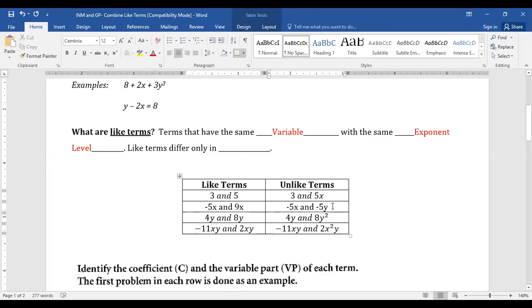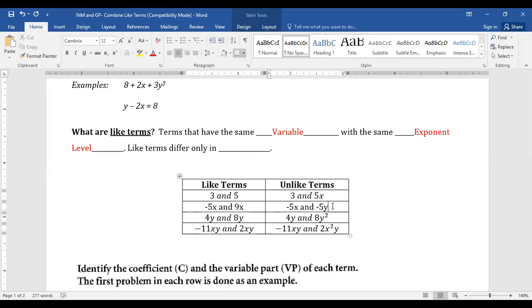But the next example here, negative 5x and negative 5y, those are not like terms. That is the classic apples and oranges example. If you go into a store and you buy apples and oranges, you still have apples and oranges when you come out. You don't combine those unless you're talking about fruit.